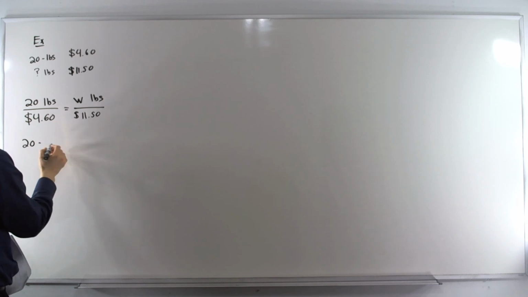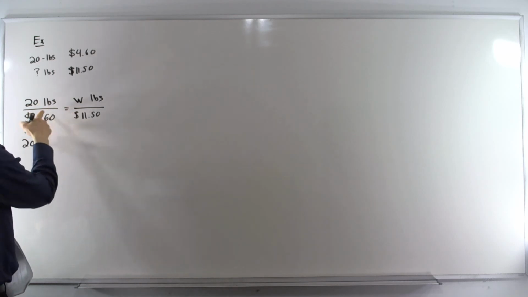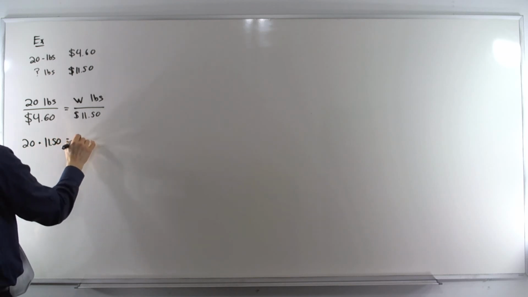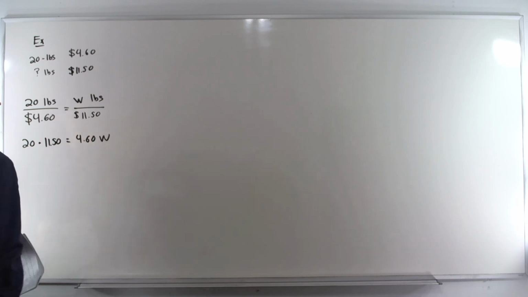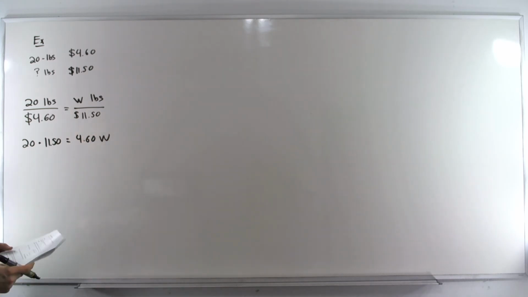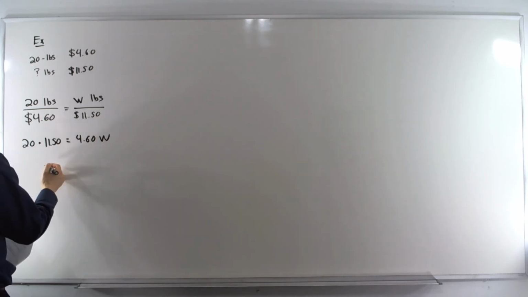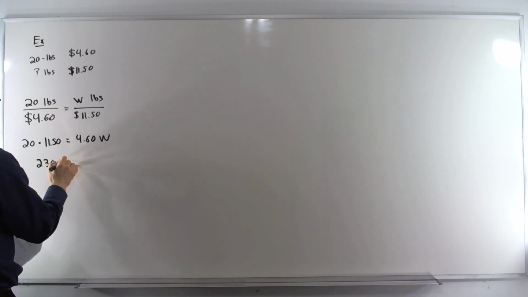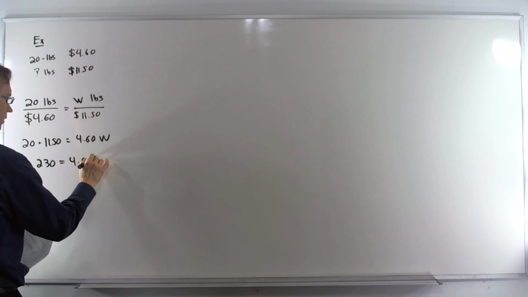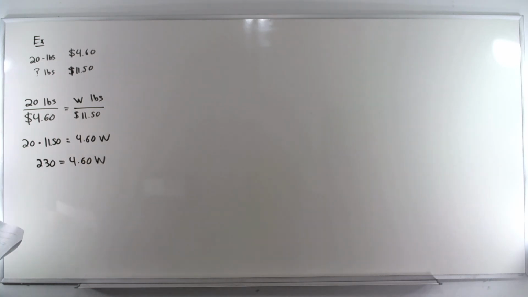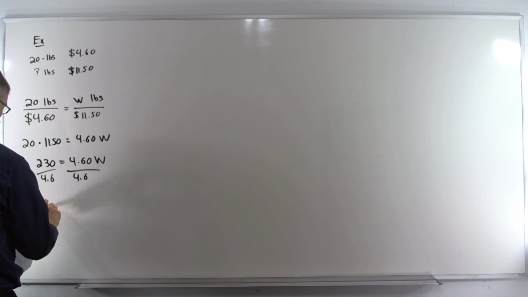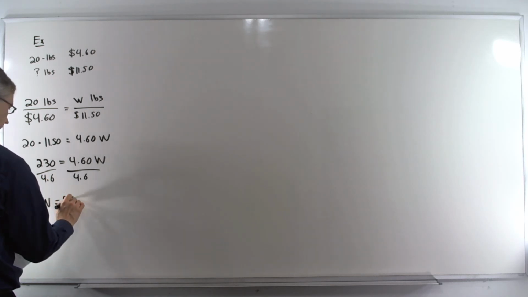Now once you start doing the math, just don't include the units here. Only include them in the initial proportion. 20 times 11.50 equals 4.60 times W. By multiplying this out, we get 230 equals 4.6 W. Now divide both sides by 4.6, and W equals 50.